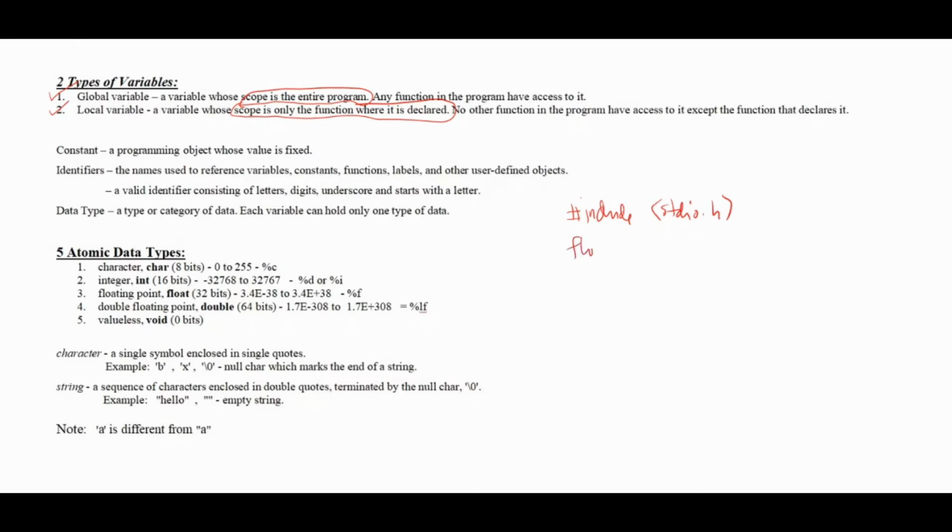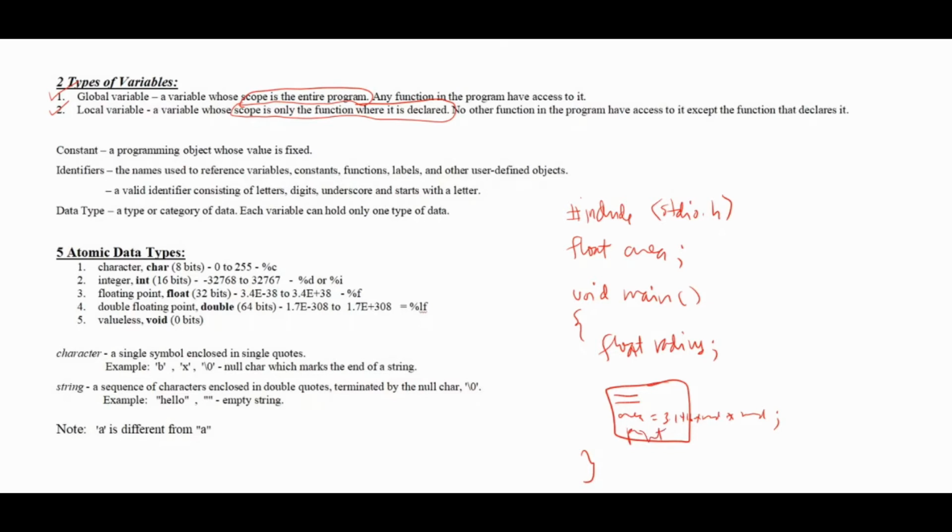So we say float area, and then we say void main(), open and close curly, and then we have here float type radius, and then our program statements here, the printf, and then the area is equal to say 3.1416 times radius, and then another printf to display the output.